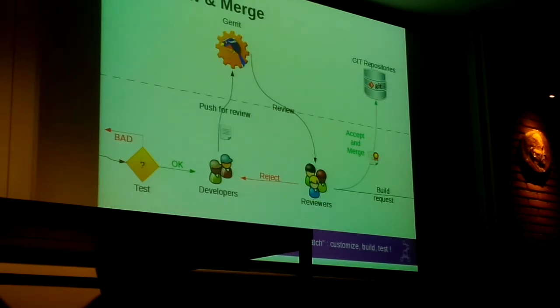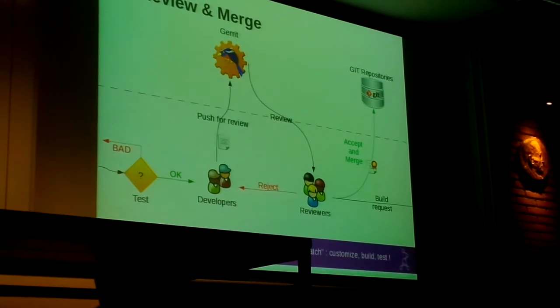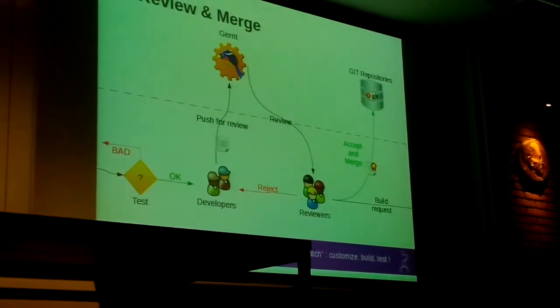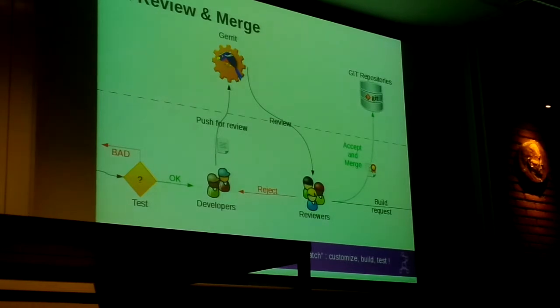They will see the patches coming from the developers, and depending on the quality of the code, they will reject the code or just comment the code and say, well, you shouldn't put this code here because it will break something or etc. Okay. If the code is good enough, they will probably decide to merge it into the Git repository.